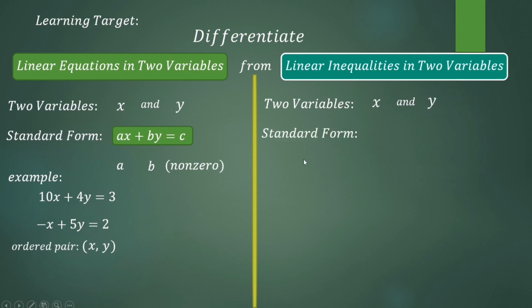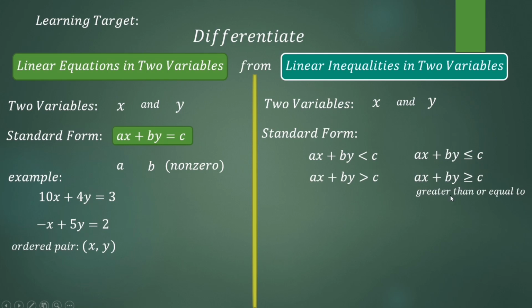Para sa linear inequalities in two variables, the standard form can be written in one of the following forms: ax plus by is less than c, ax plus by is greater than c, ax plus by is less than or equal to c, and ax plus by is greater than or equal to c.